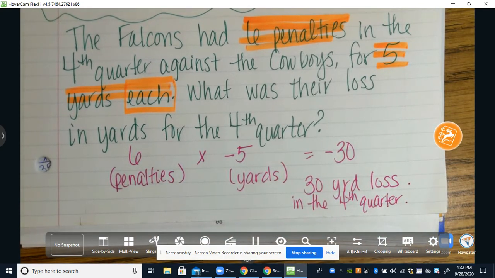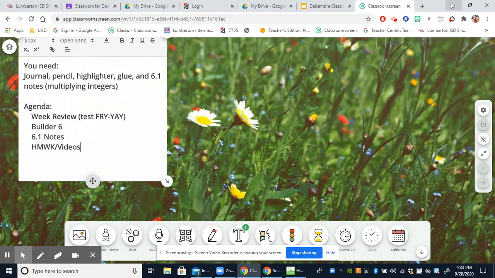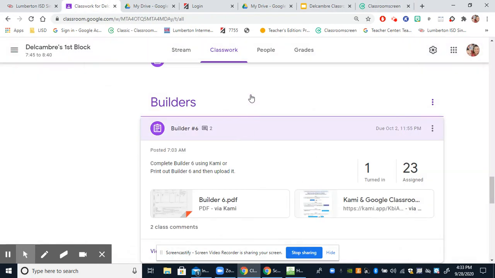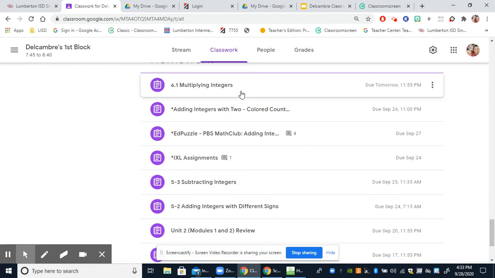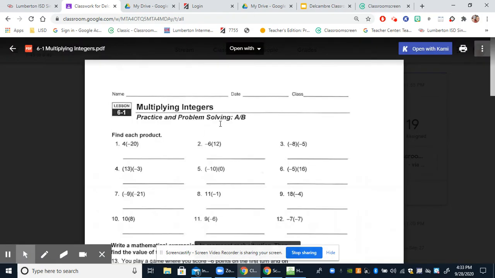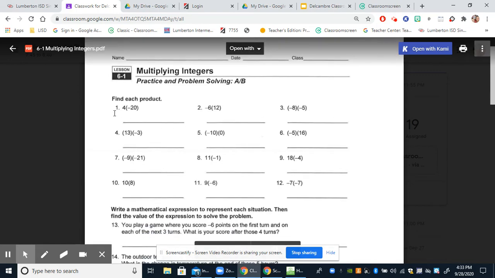Okay. So that's the last word problem that we're going to do today. We're going to do one tomorrow, so get prepared. On your homework for tonight, let me minimize this screen. When you go to your classwork, I got my builder, the homework right here, 6-1, multiplying integers. The first 12 questions are all multiplying. They're all basic computation.